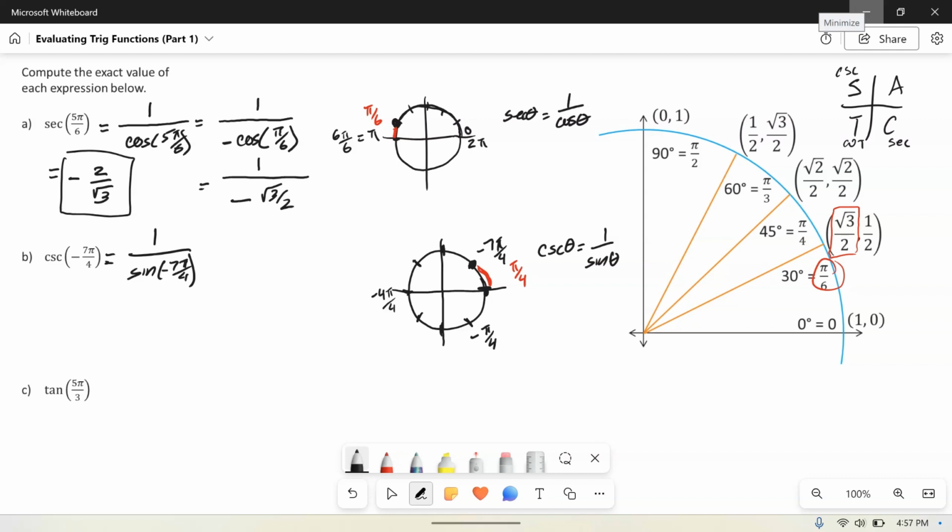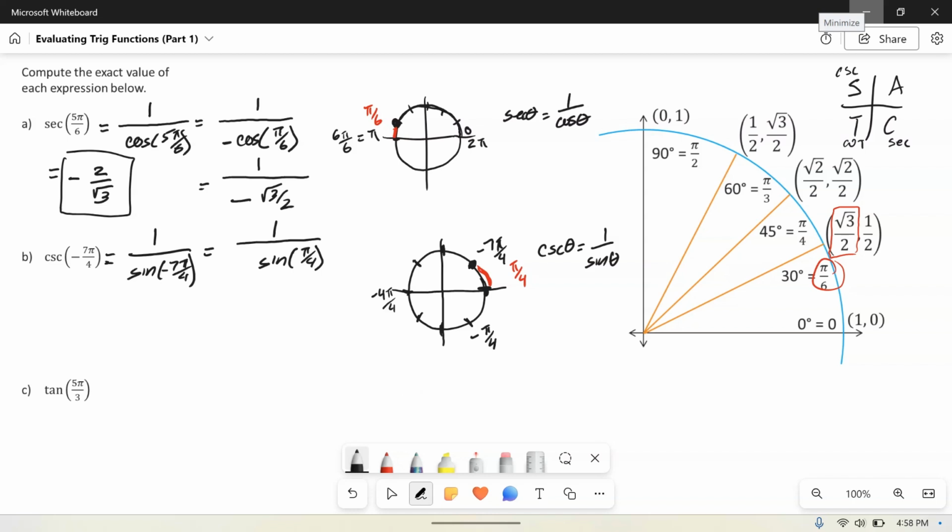Now, we also know that negative 7 pi over 4 has a reference angle of just pi over 4. So this becomes 1 over the sine of just pi over 4.